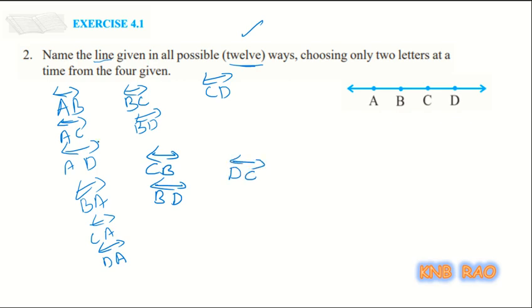So, for these 3 possibilities, reversing those letters, I got these 3 more ways of naming. For these 2 more, for this one, this is 1 more. Totally 12 ways we can name this line, either AB or BA, AC or CA, AD or DA, BC or CB, BD or DB, CD or DC. So, total 12 ways we can name this line.